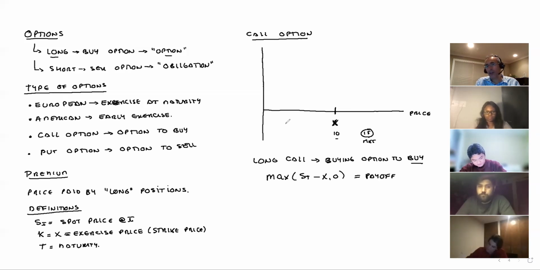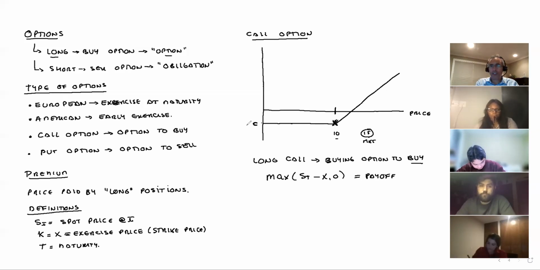So remember, guys, that the option has a price. Let's call this C. This is my premium, and then this is going to go up to here. And if the price moves in your direction, this is going to be good for you. For example, 15: you're going to be making 15 minus 10 minus my premium, correct?